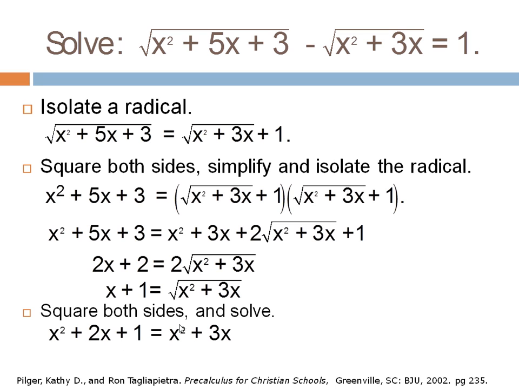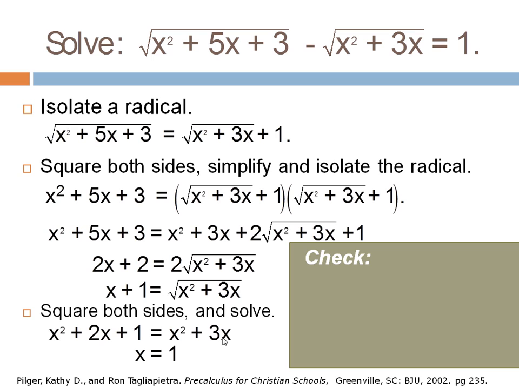We want to check our solution. Plugging 1 back in there. 1 squared plus 5 times 1 plus 3. And so we're plugging 1 in for x. So we would get this.